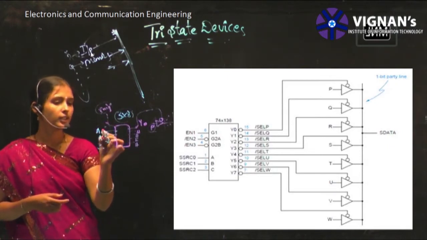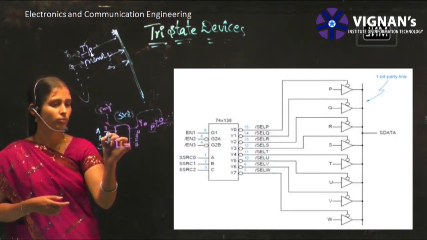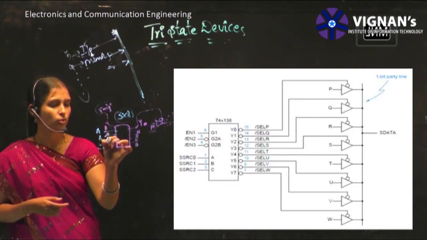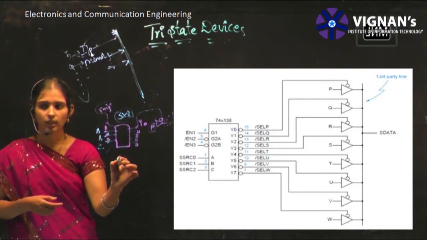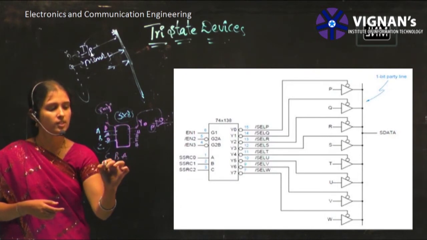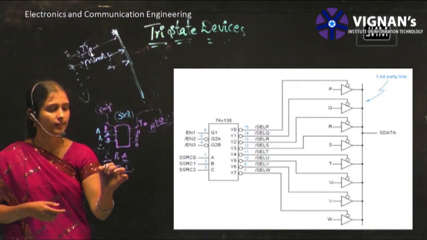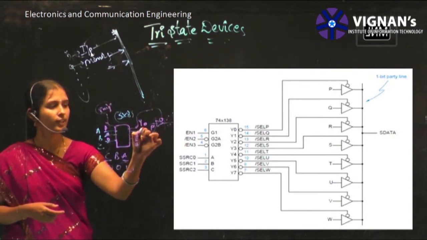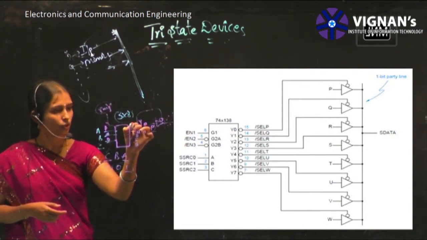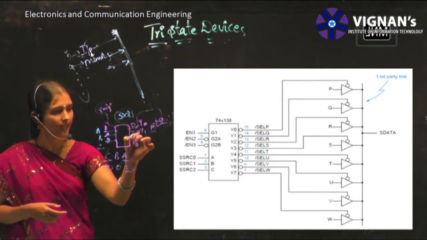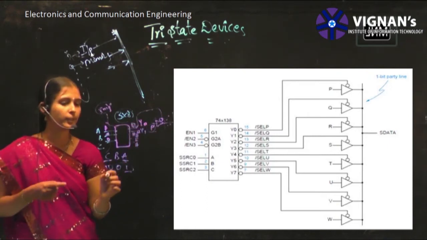Okay, similarly, for A B C, this is the most significant bit and this is the least significant bit. Suppose consider the 0 0 1 case. Then Y1 will be active low, and the remaining all will be active high. Okay, are you people understanding?